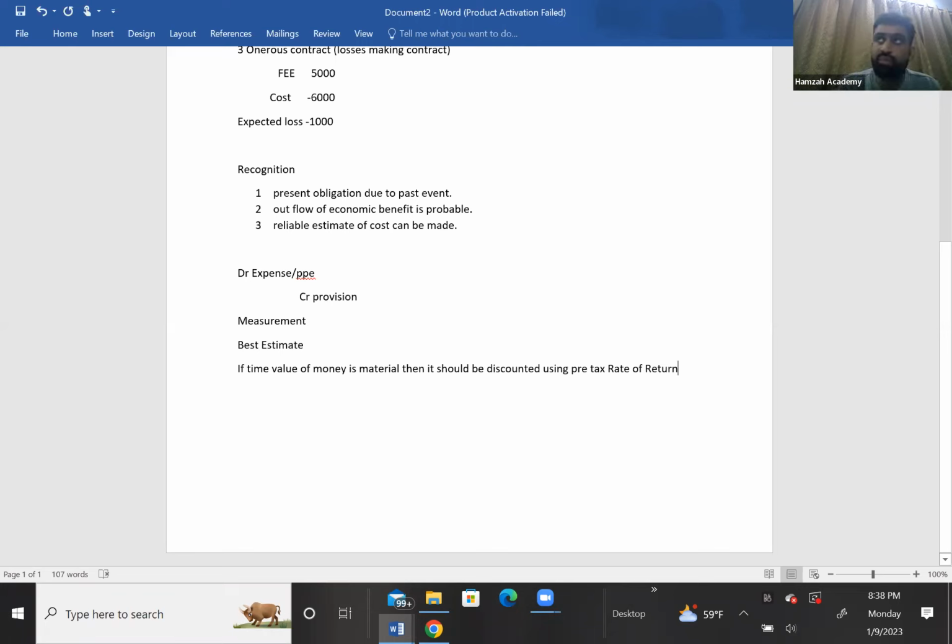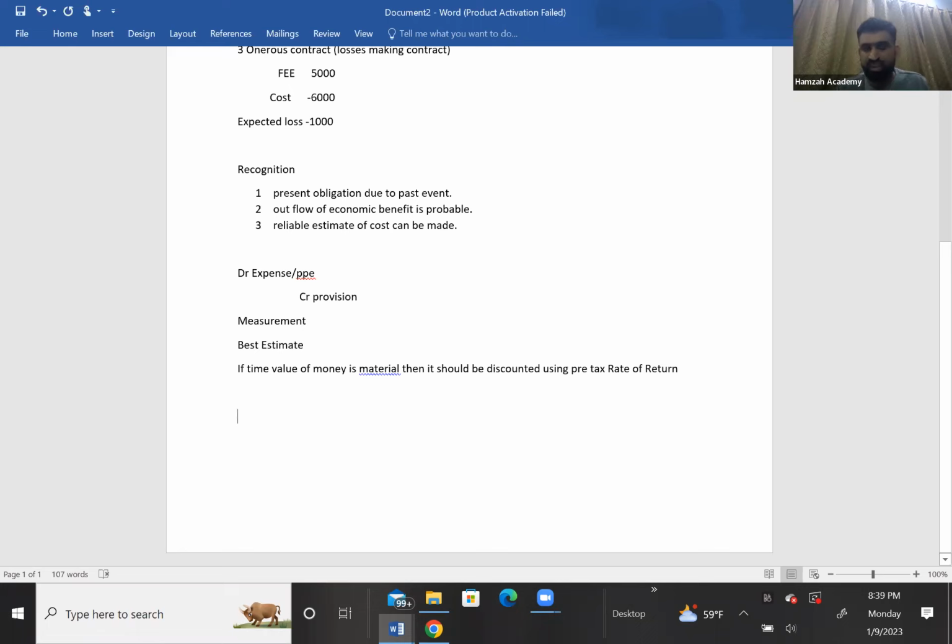To discount that provision to the present value, we will be using the pre-tax rate of return of the company, not post-tax. Post-tax means after tax.